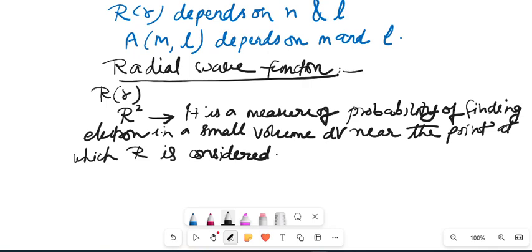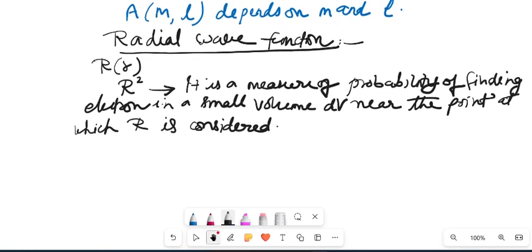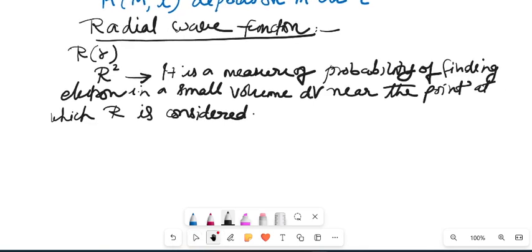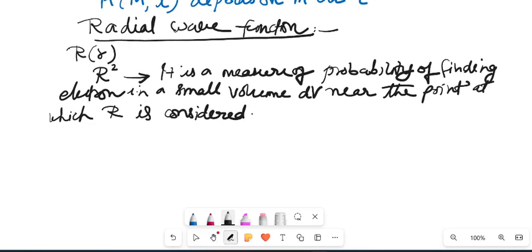Or in other words, it describes the likelihood of finding an electron at a specific distance from the nucleus, irrespective of its direction or angle. It is independent of direction or angle. It depends only on the distance from the nucleus, and the square of R gives the probability of finding the electron at a specific distance from the nucleus.